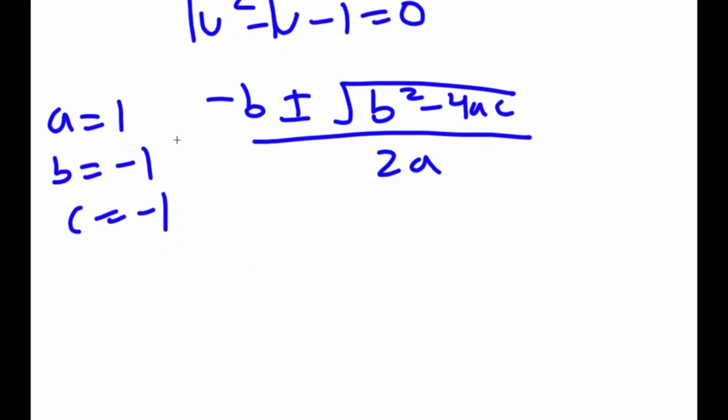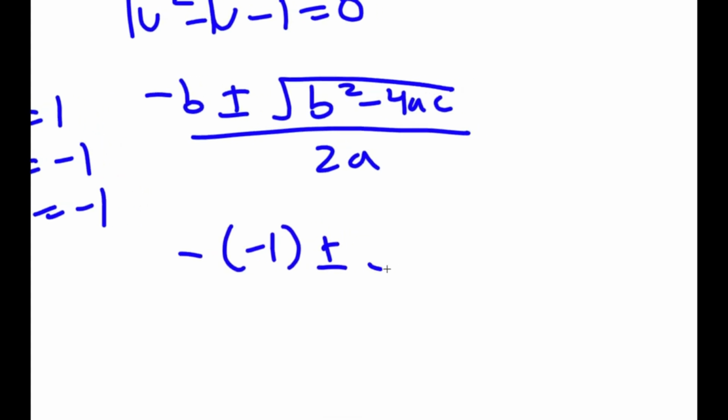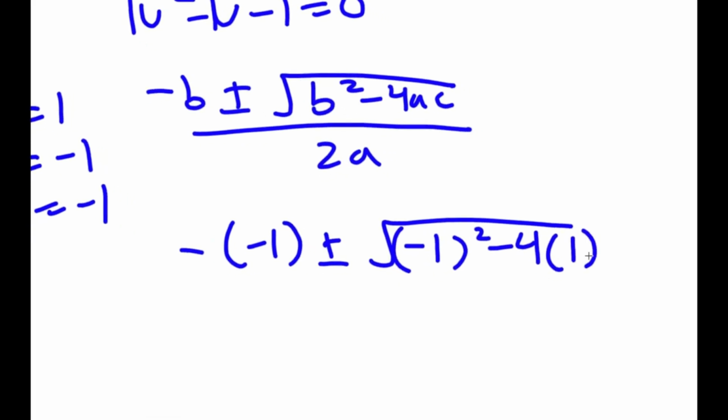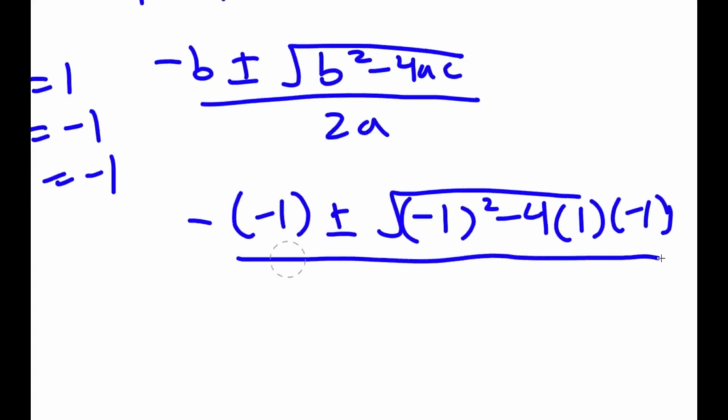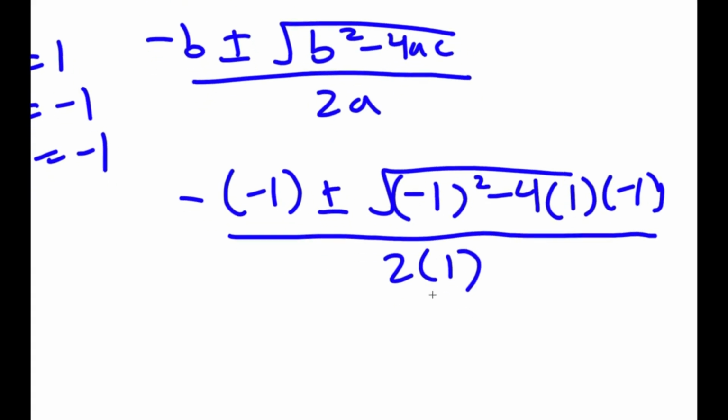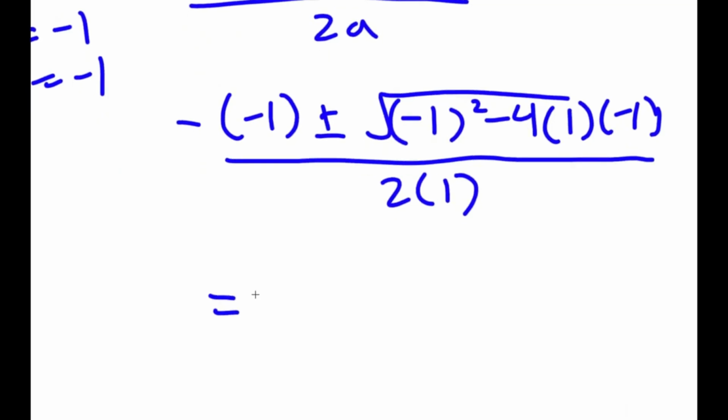So if I plug these values in, I have negative negative 1 plus or minus the square root of negative 1 squared minus 4 times 1 times negative 1, all of this divided by 2 times 1. Now, negative of negative 1 is positive 1.